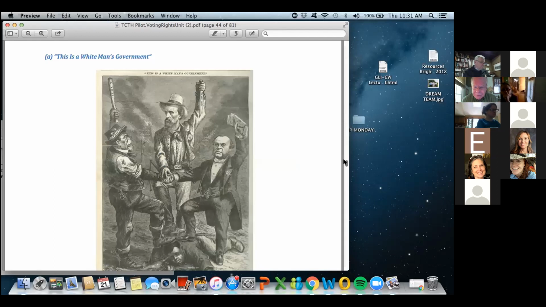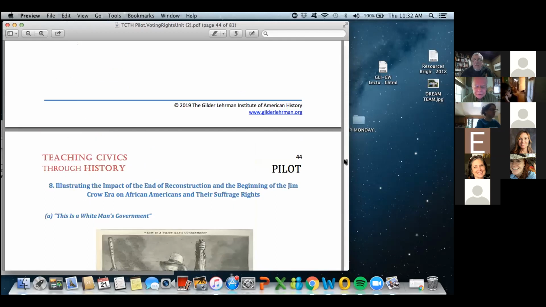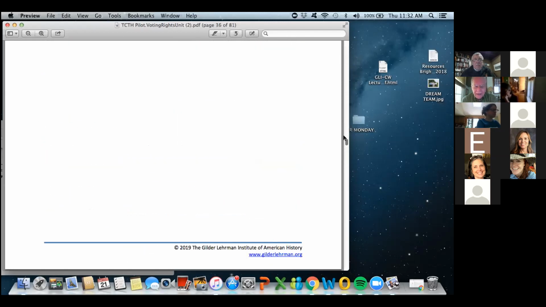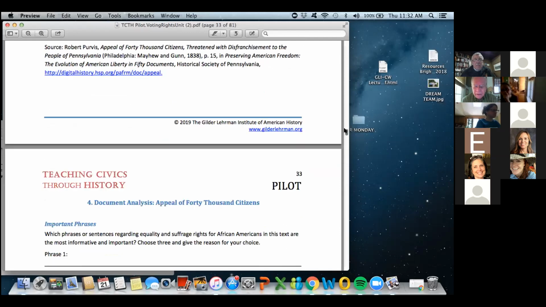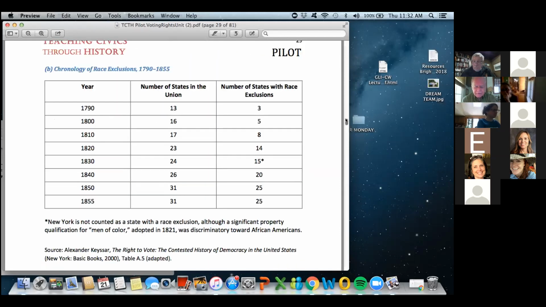I believe in the states of Florida and Iowa, legislation has been proposed that people convicted of felonies would lose their voting rights.